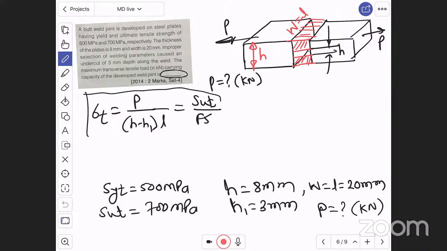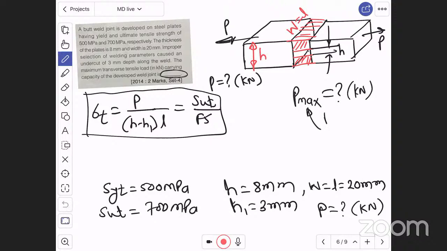And my dear students, if you read the question carefully, they are asking what is the maximum transverse load in kilonewton. Means for maximum load, factor of safety is equal to 1. That already I have explained in the theories of failure topic.